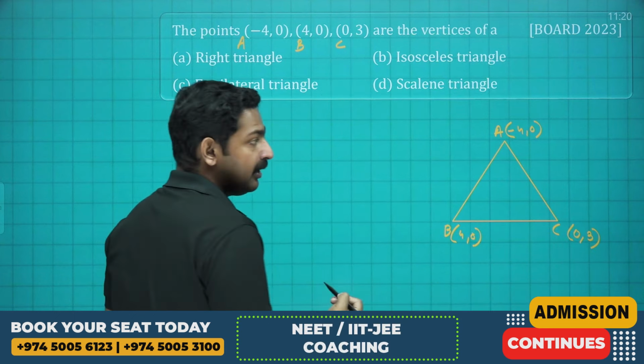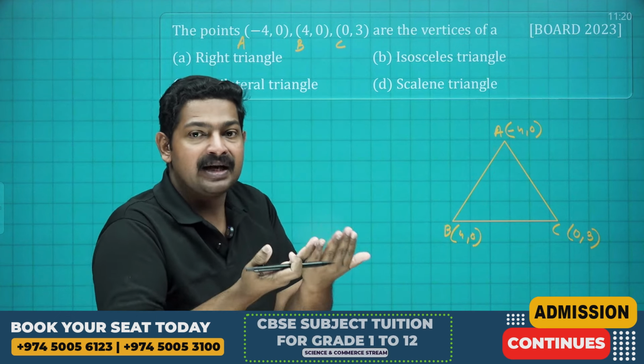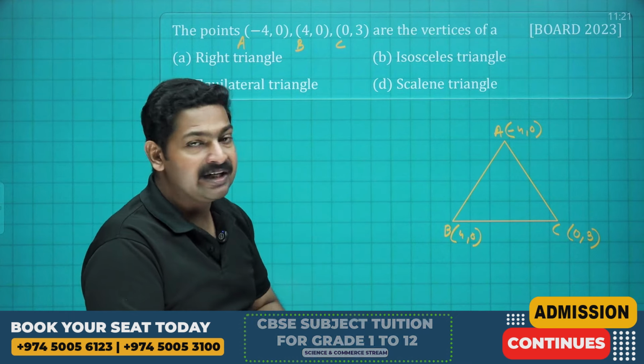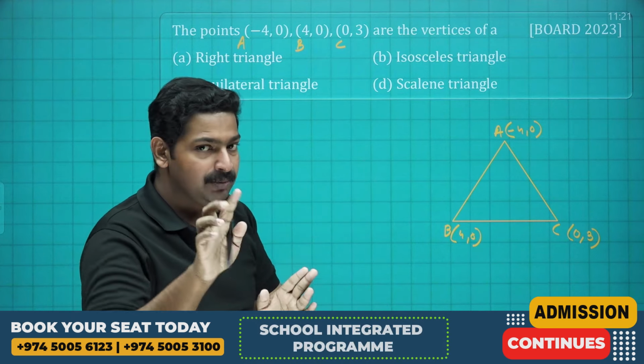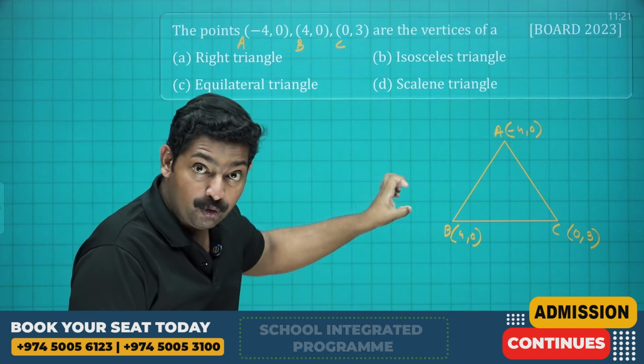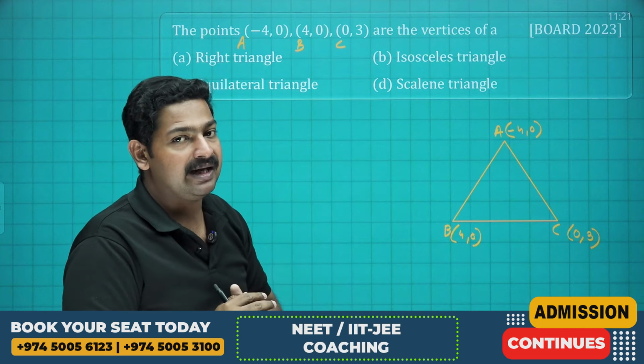If you find the length of all the 3 sides, you can get whether it is an isosceles, a right triangle or a scalene triangle. So two methods are there. You can draw the rough figure by plotting the points on the xy axis, and you can get whether it is an isosceles triangle or equilateral triangle.